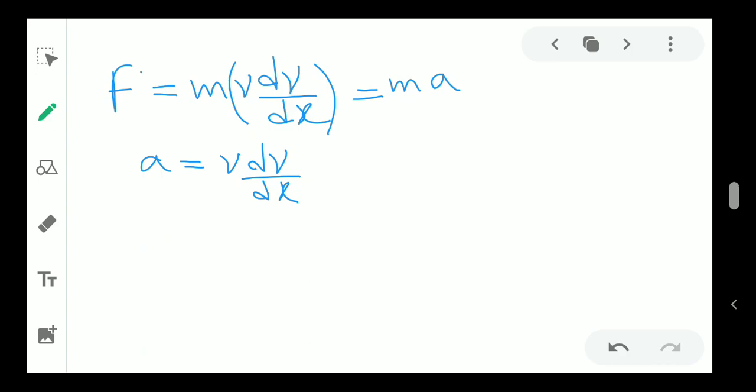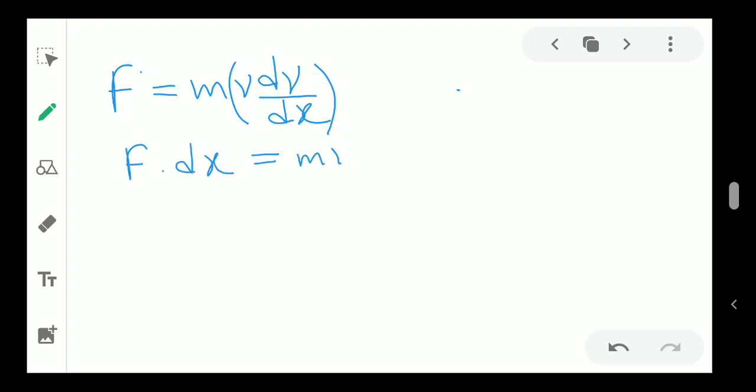Now we will not go into this, and we will take only this portion. From this, I will keep dx on this side, so I will write F into dx is equal to m v dv. You can see in this equation I have taken dx to this side.